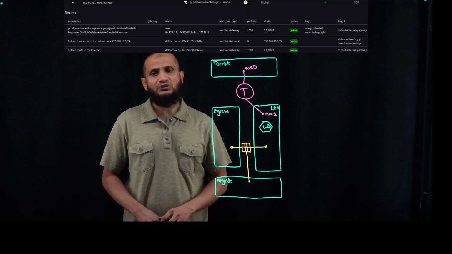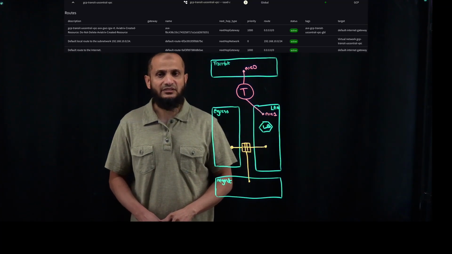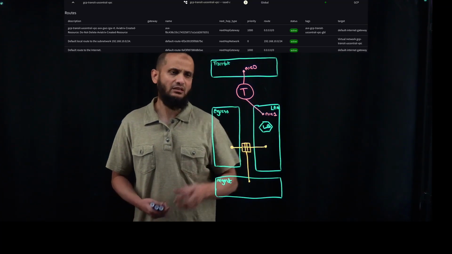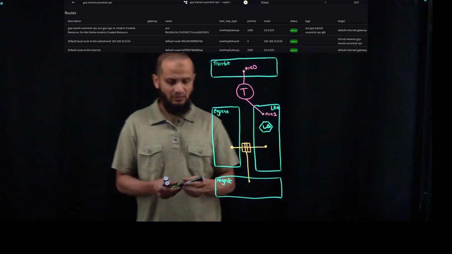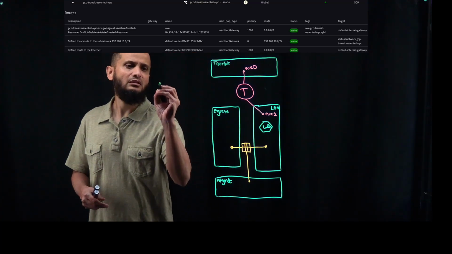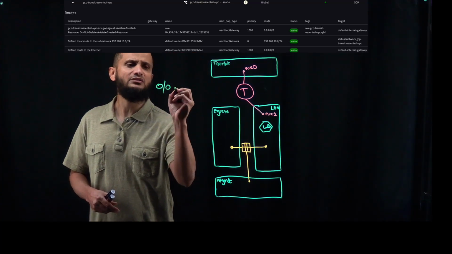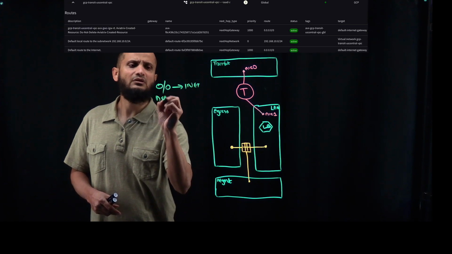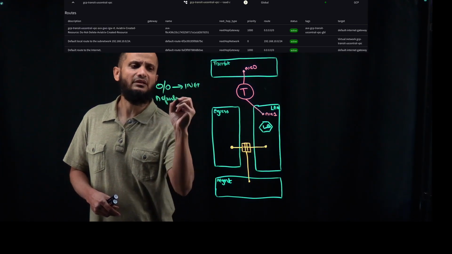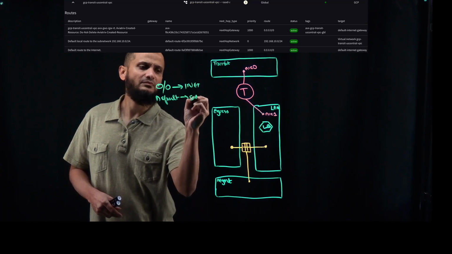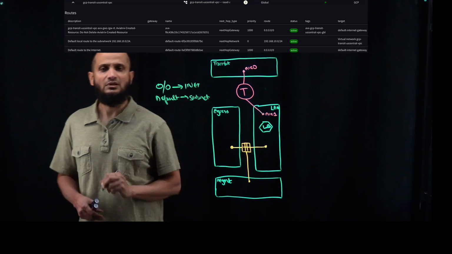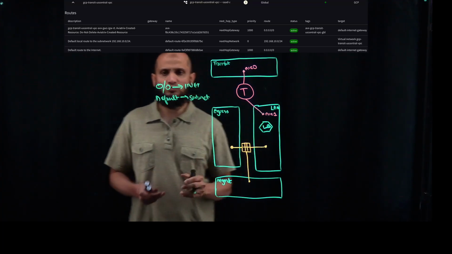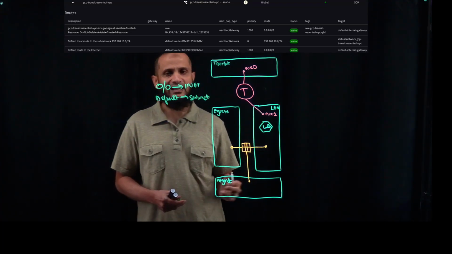So 2 default routes will be created for NIC 0: basically the quad 0 towards the internet, and then a default route towards the subnet. And the same thing, 2 more default routes will be created for NIC 1.